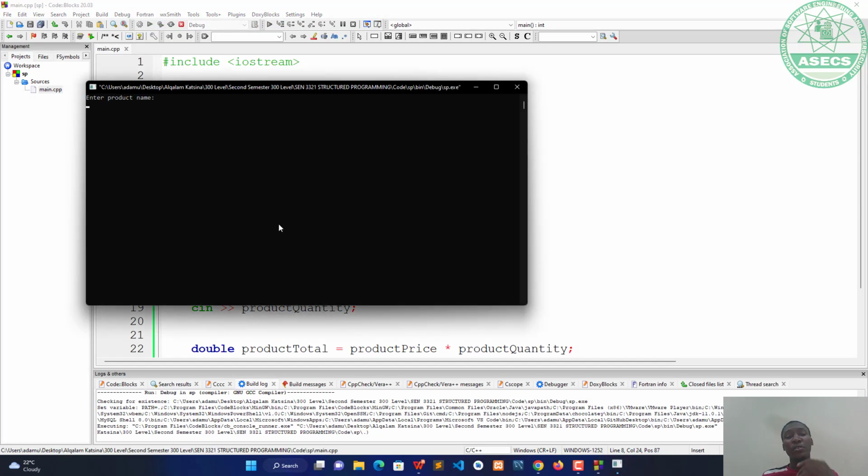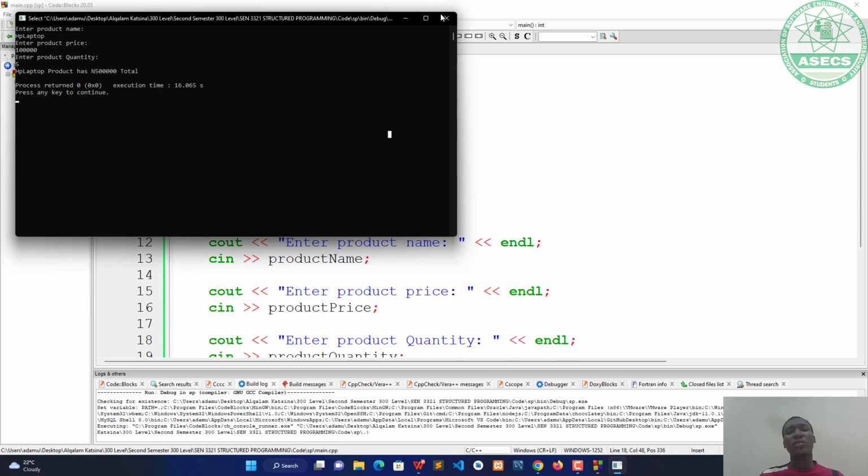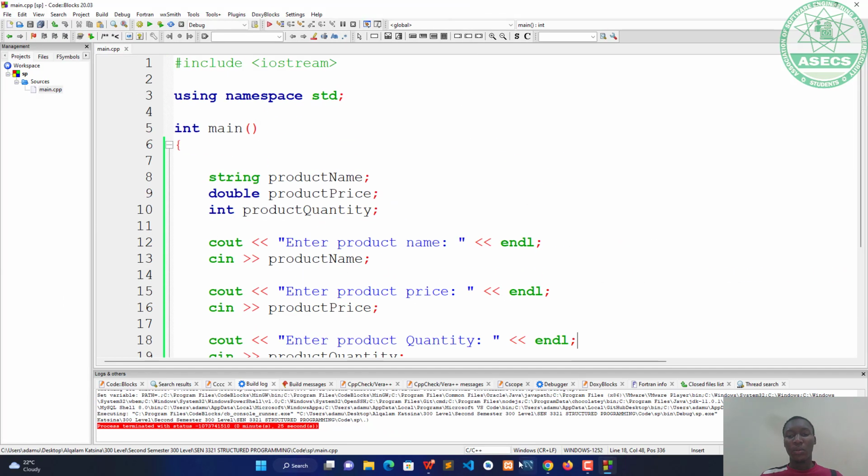We don't want space in between those numbers. So that's an HP laptop, maybe product price, let's say 100,000. Then for the quantity, let me put it like this. Here is an HP laptop Pro with 1 million naira, in short. I put 1 raised to power 6, which is 1 million naira. So I guess this is the simplest solution for this problem.